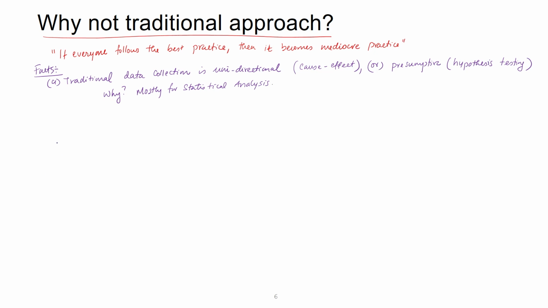The second fact is that finding invisible and unknown elements becomes difficult. Becomes difficult with what? Difficult with unidirectional or presumptive data collection.